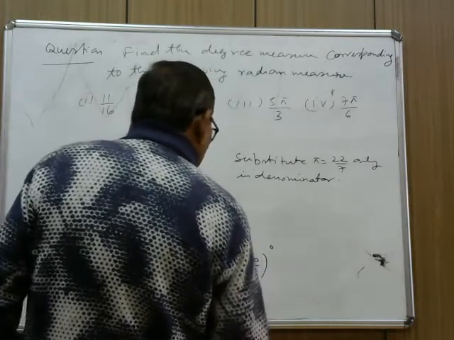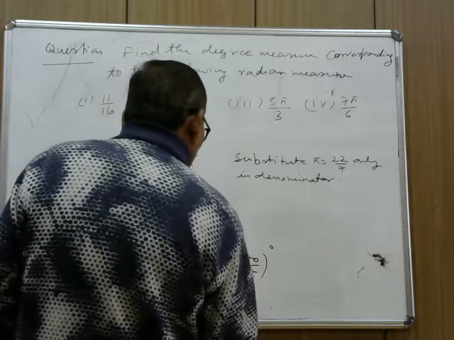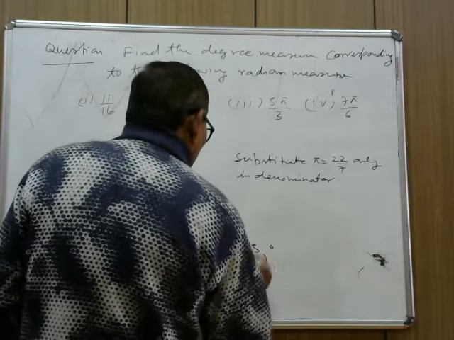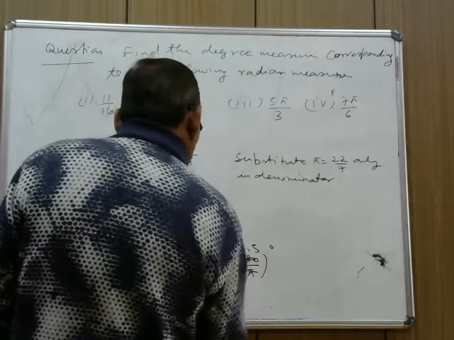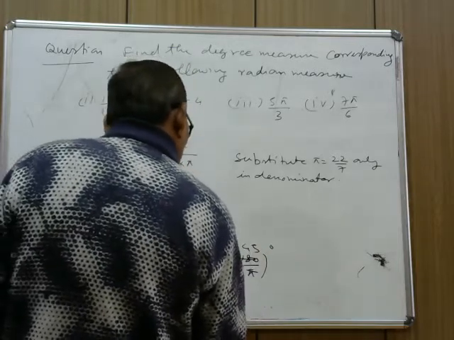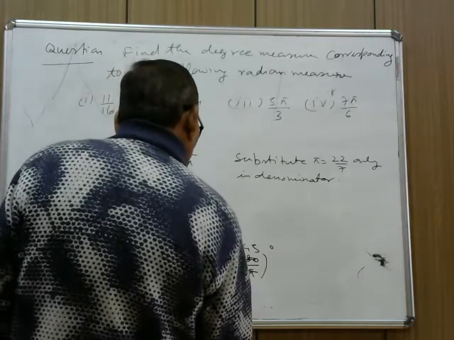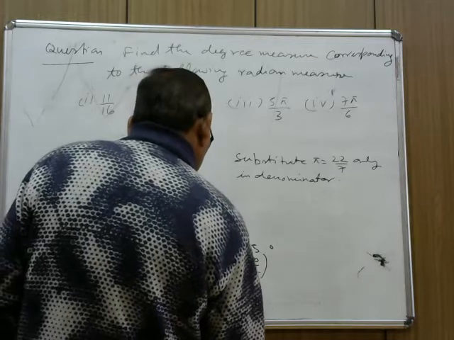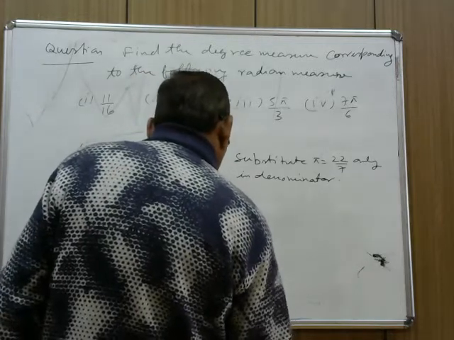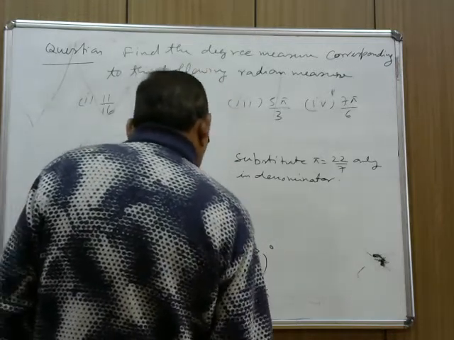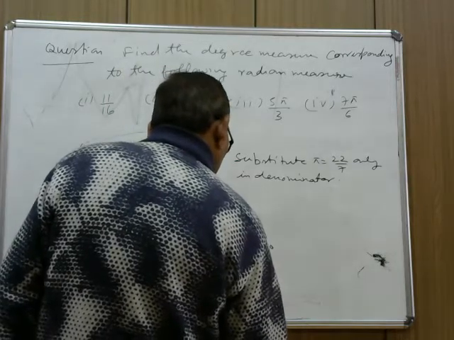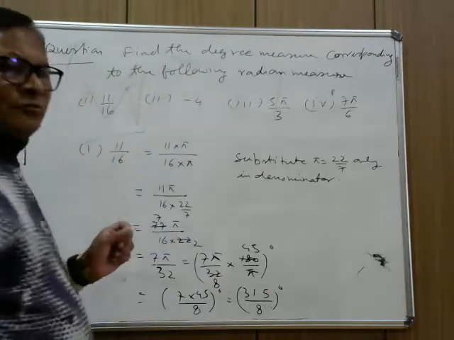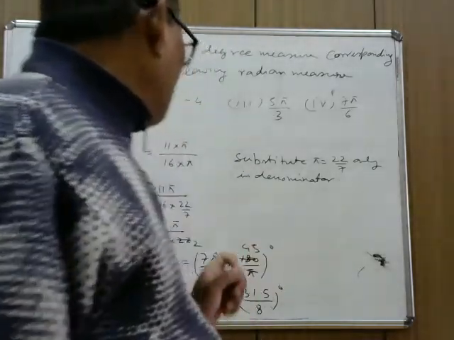So you cancel this: 4 eights are 32, 4 fours are 16, 4 fives are 20, and this is equal to 7 into 45 by 8 degree, that is equal to 315 by 8 degree.